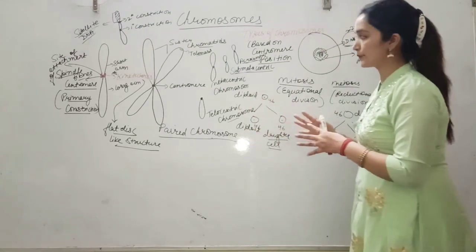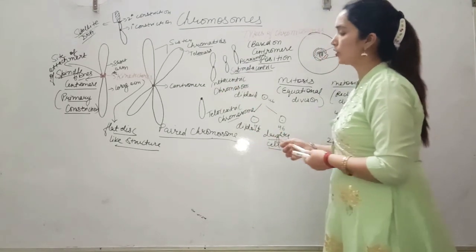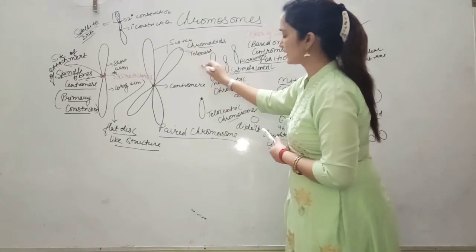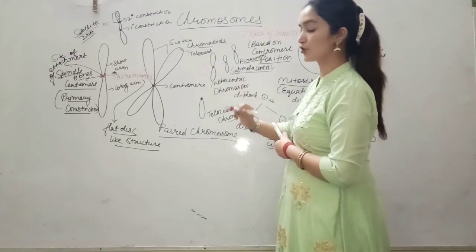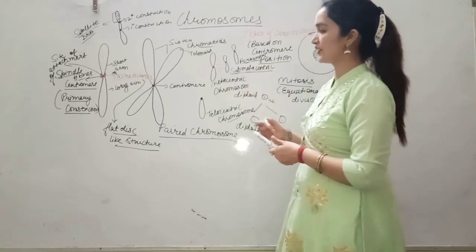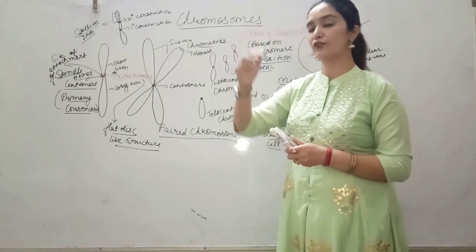Next we come to types of chromosome. So we generally have 4 types of chromosome on the basis of position of centromere. One is metacentric, in which centromere is present just in between the two arms. Then submetacentric, in which the centromere is present just above the center of chromosome.